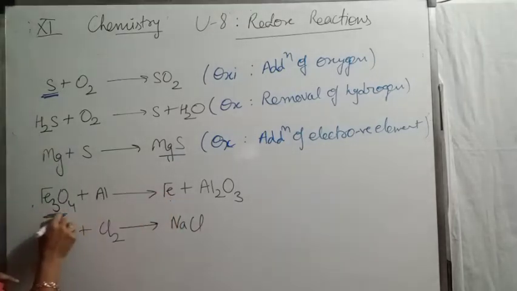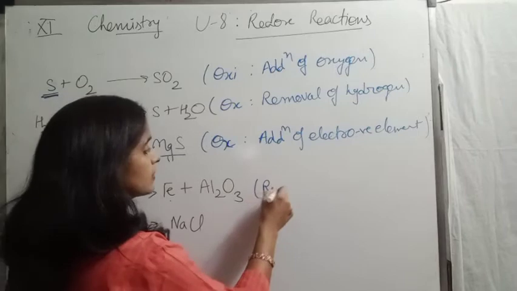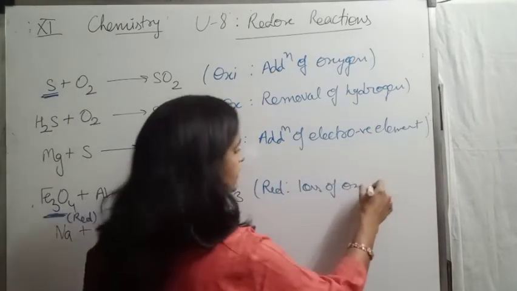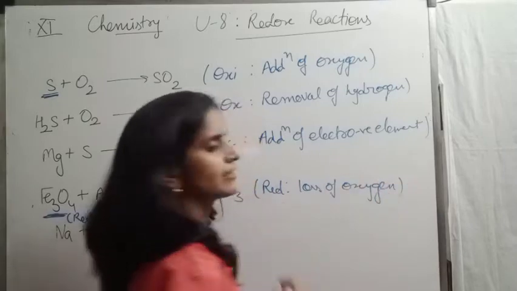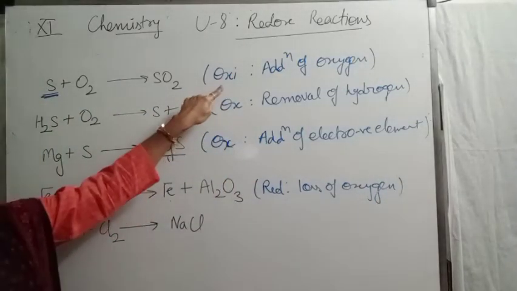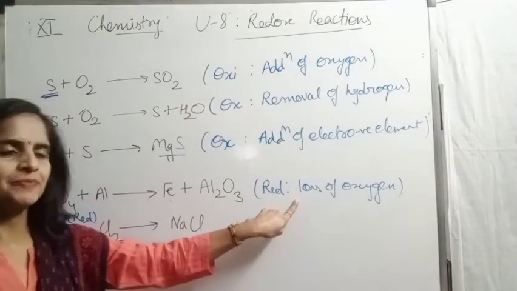This is for iron. For iron, this is a case of reduction. Why reduction? Because of loss of oxygen. Addition of oxygen is oxidation, so loss of oxygen is reduction.